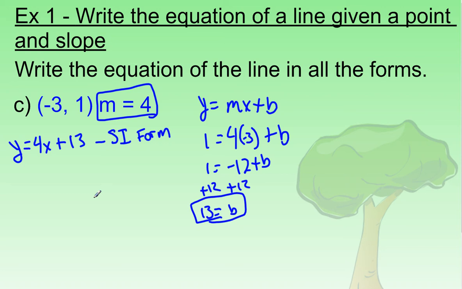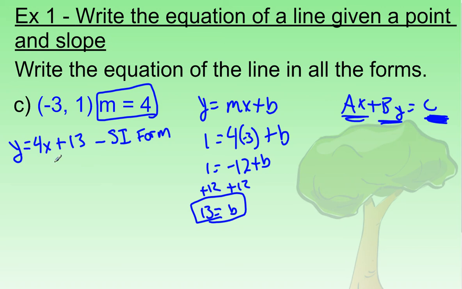To go to standard form, all we need to do is move this 4x to the other side of the equal sign. Get the x's and y's together. Standard form looks like ax plus by equals c. X's and y's are together. The thing without the variables on the other side of the equal sign.